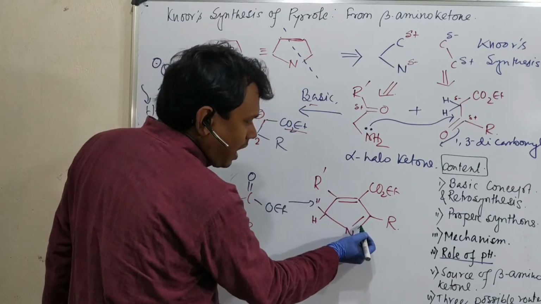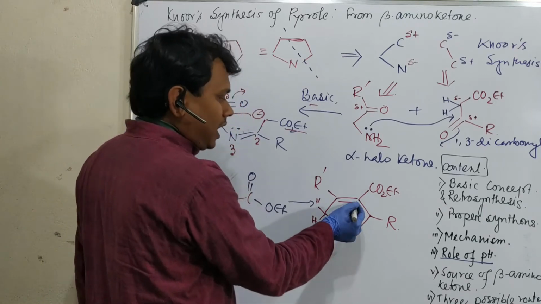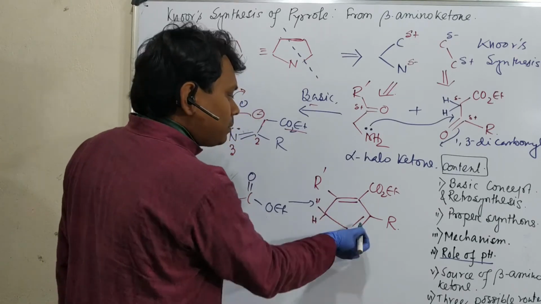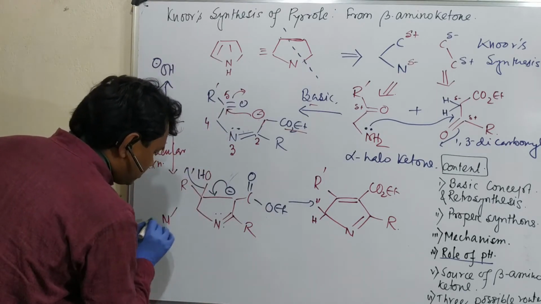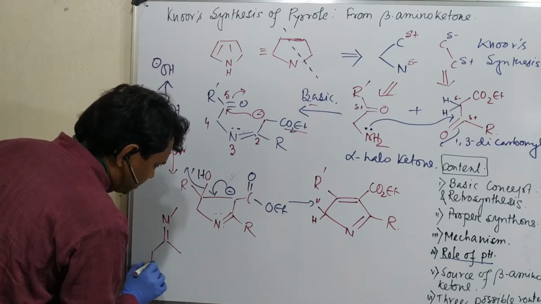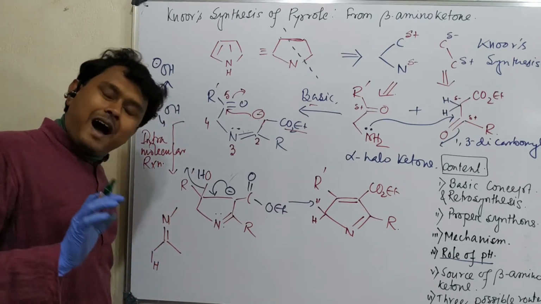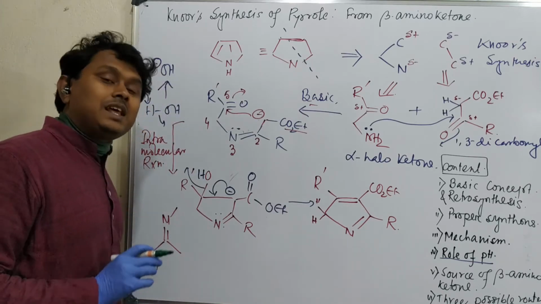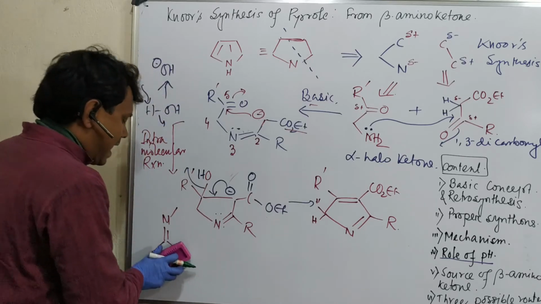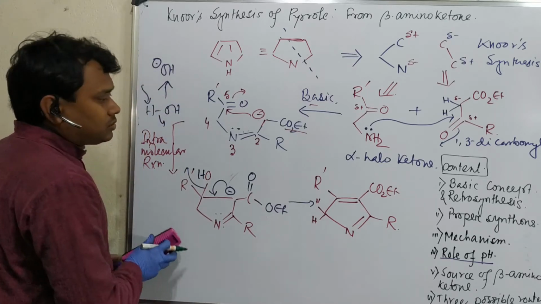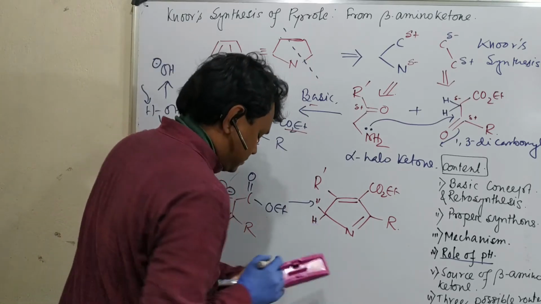This is an alpha, beta unsaturated imine, and we know the property of a vinylogous system. What do I mean? You have an imine, this, and the alpha hydrogen is acidic. I agree, it is not that acidic like a ketone or carbonyl, but this is slightly acidic, and this is also possible. So what happens? This is abstracted.